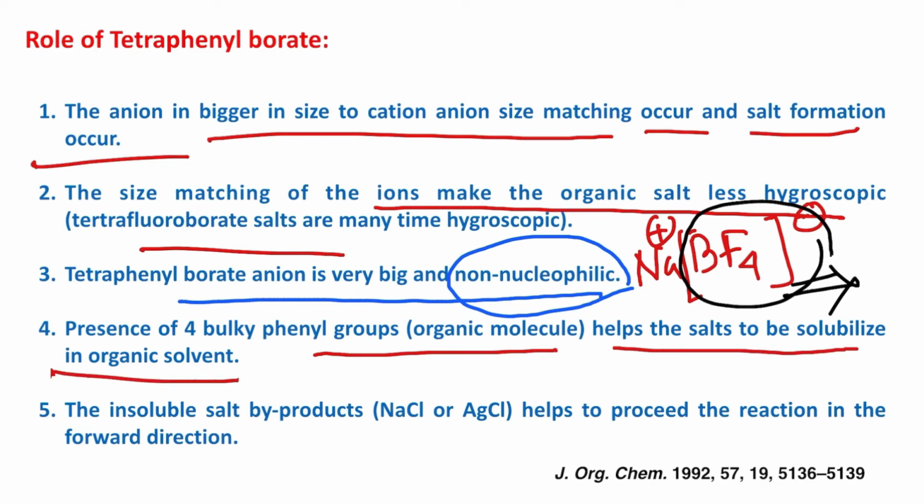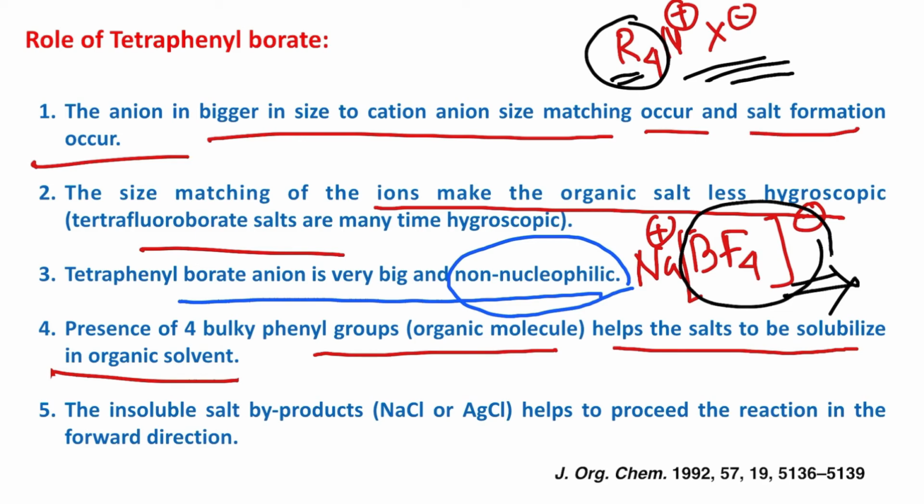Like a phase transfer catalyst, R4N+ X-. Since these R4 groups are organic and bigger, all these salts are soluble, although the cationic species alone doesn't dissolve. So that uniqueness of the alkyl group makes the salt soluble in both organic medium as well as inorganic medium. That's why they can act as phase transfer catalysts.